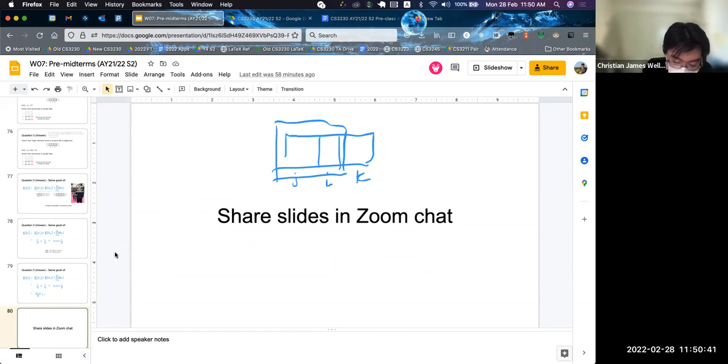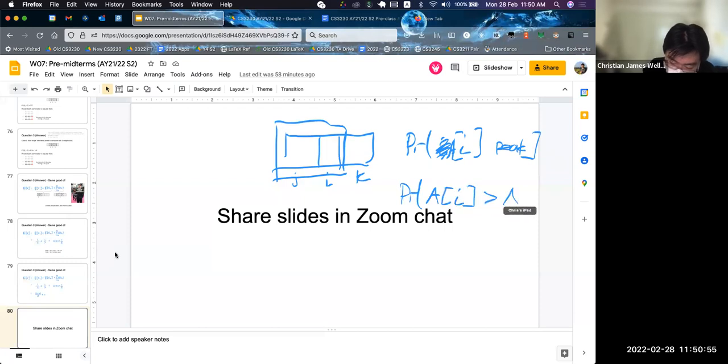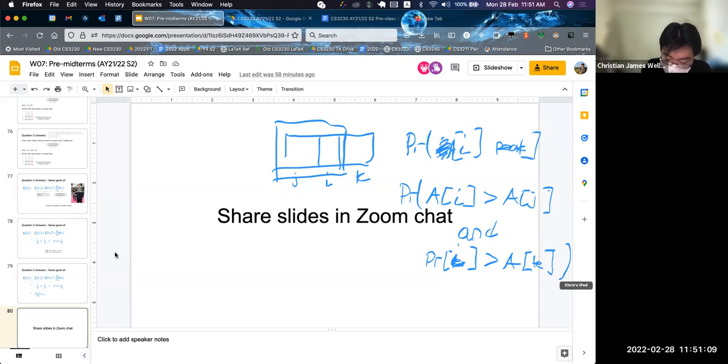So we break it even further by saying the probability of A_I being a peak is equal to the probability that A_I is greater than A_J, and the probability of A_I greater than A_K. This is the definition of a peak, right? Then the calculation is done, for him or for some of you, I believe, by separating these two. So let's say this is event E1 and this is event E2.